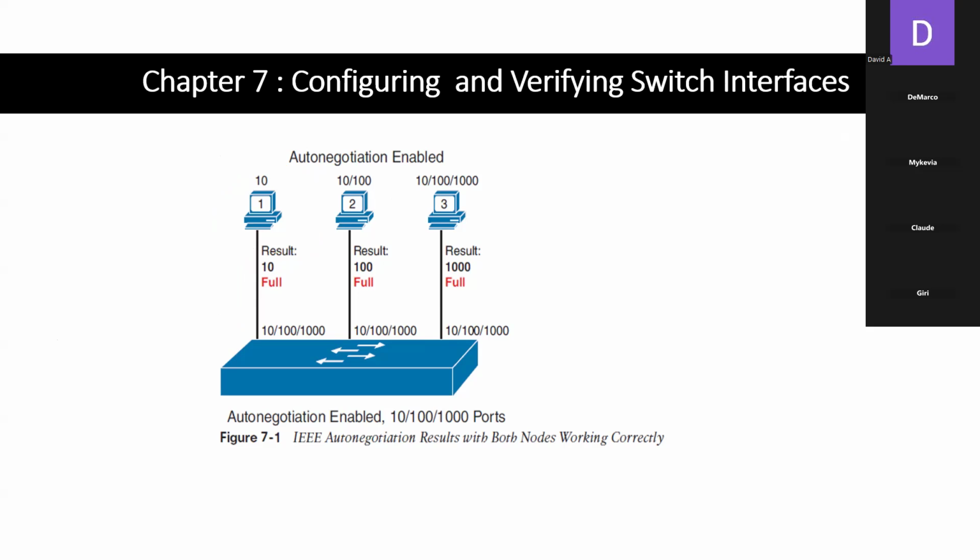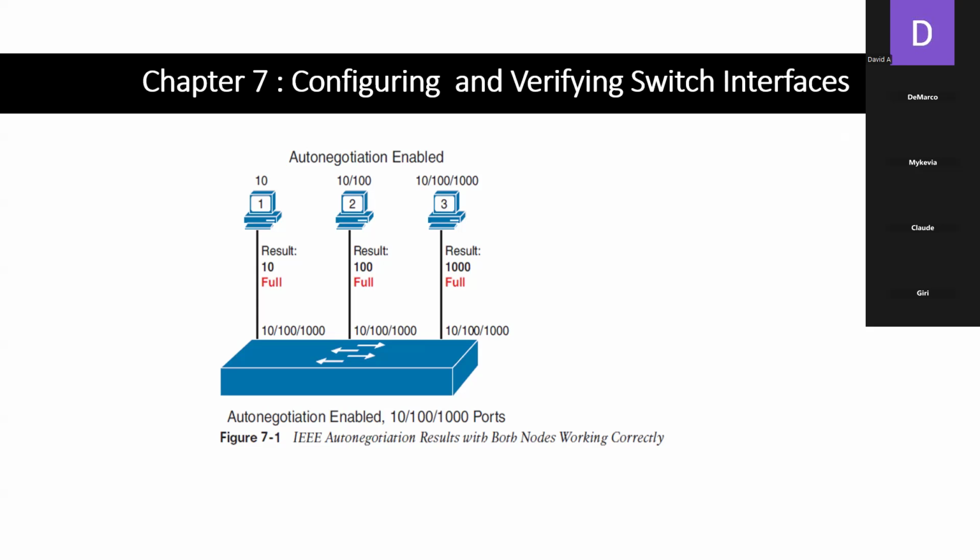Both endpoints, right? Hosts, printers, whatever, video game systems, both endpoints send messages out of band compared to any specific data transmission, using FLPs. These messages operate at layer one. These messages declare all supported speed and duplex combinations, right?